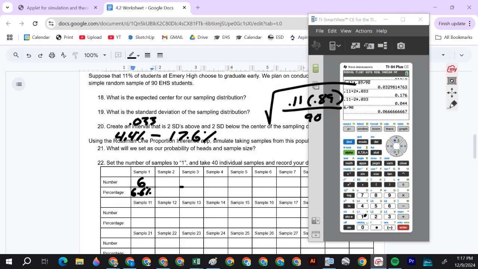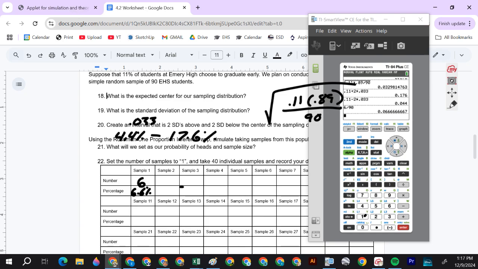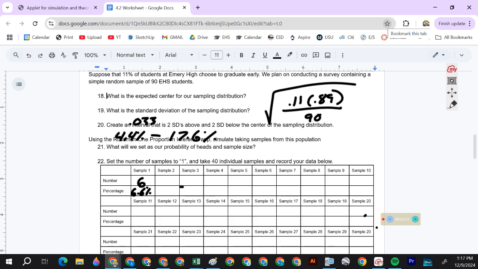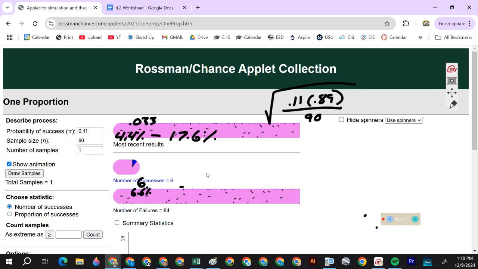Then I go back and I run another sample. It's not letting me go back. I broke it. Ralph broke the internet. Okay, so then I run another sample, and right here I get 7.